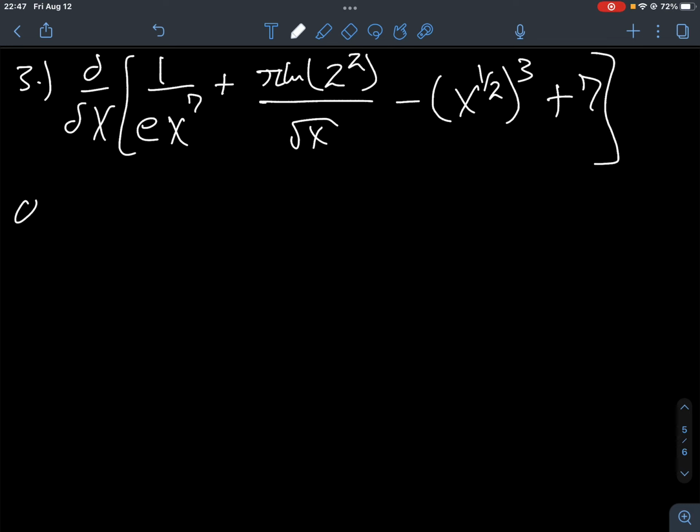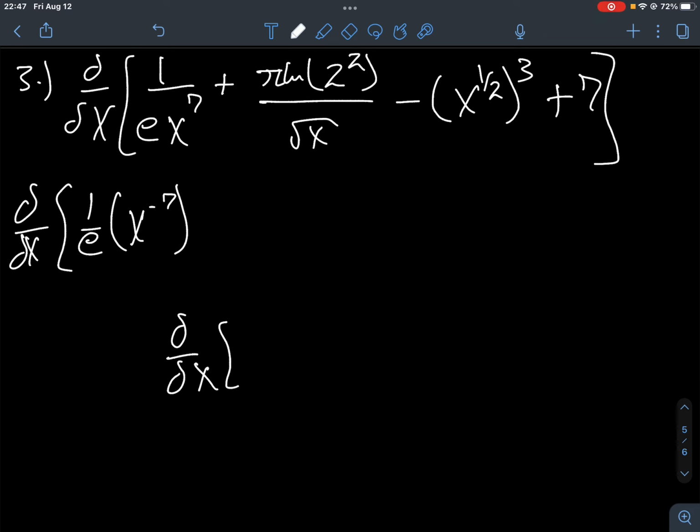Well, for the first one, let's go ahead and simplify actually. So we get 1 over e x to the minus 7th. Remember, 1 over e is just a constant. The derivative of a constant is just 0.